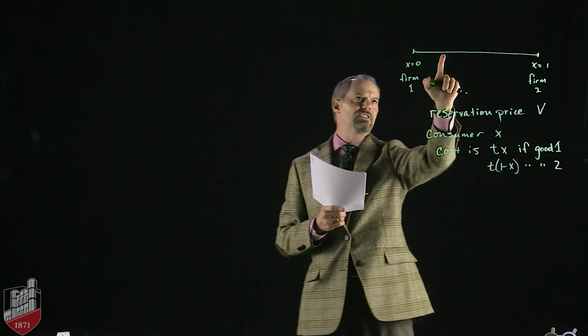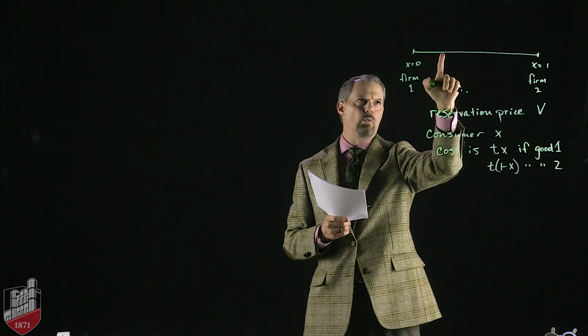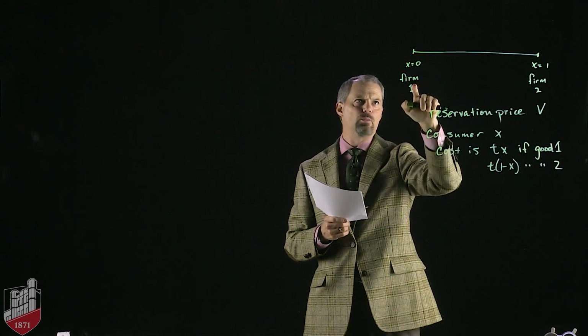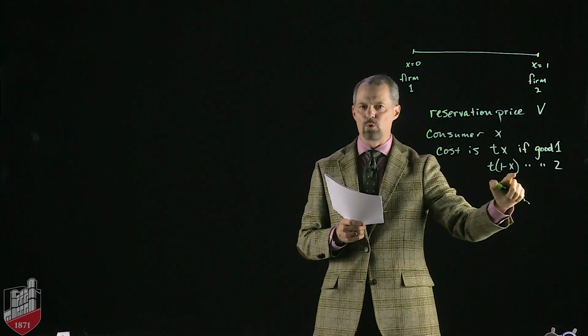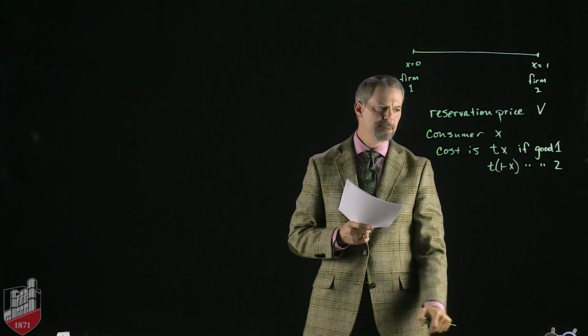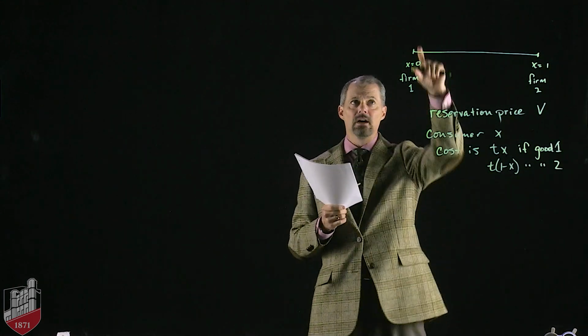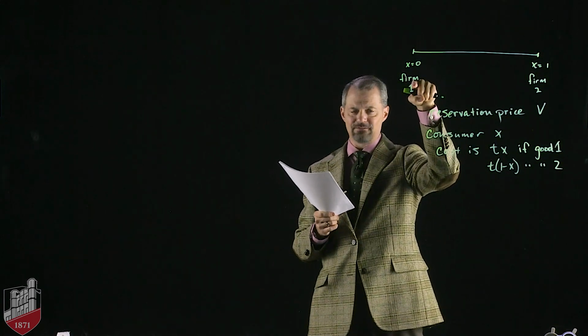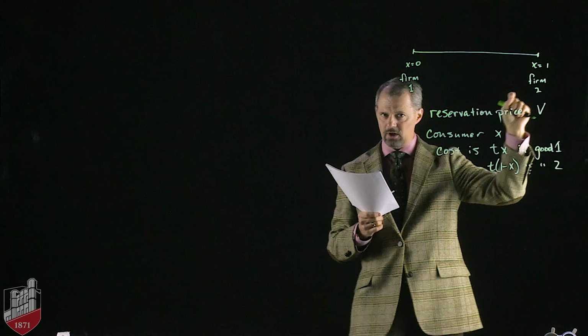So let's suppose the customer is at 1/4. So they are 1/4 of a mile from firm 1 and 3/4 of a mile from firm 2. That's where the 3/4 comes from. Okay. Now, which firm they buy from, of course, depends on the price that firm 1 charges and the price that firm 2 charges.